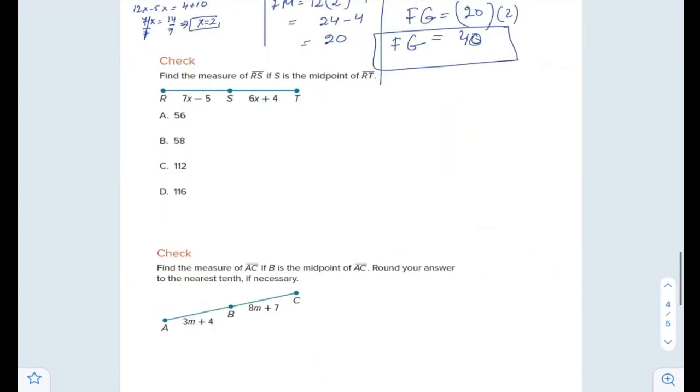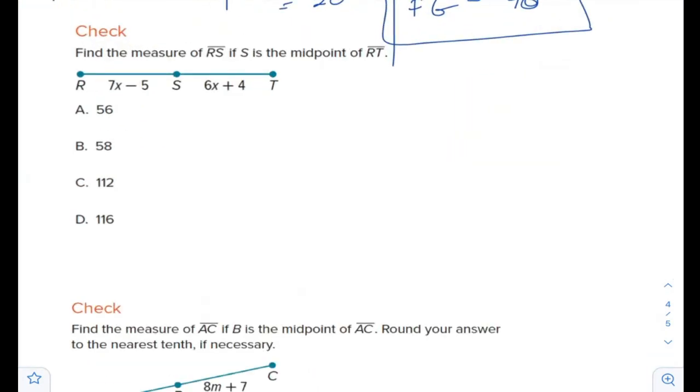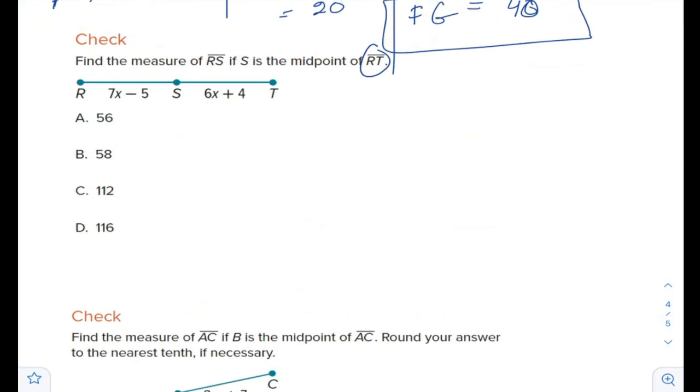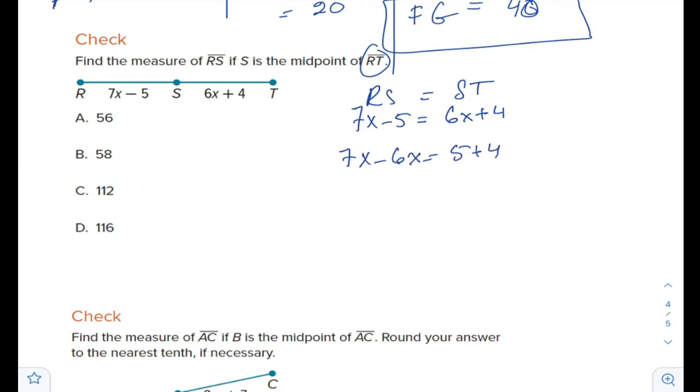Let's check our understanding. Find the measure of RS if S is the midpoint of RT. Of course, here S is the midpoint, so definitely RS is equal in measure to ST. And we will solve. And I will replace to find RS, 7x minus 5.